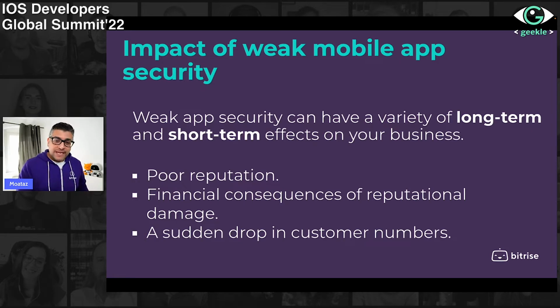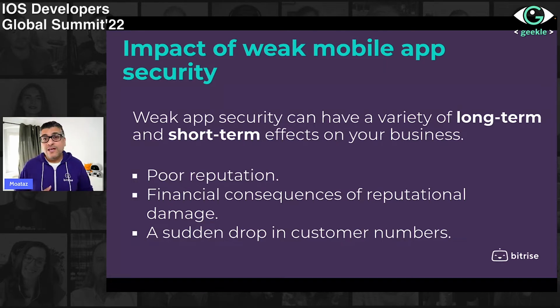What is the impact of weak mobile app security? We have 2 types of impact: long-term and short-term. For example, you have a poor reputation, so your customers are not satisfied with your application because they are not feeling safe about their personal data, bank account, and everything in your mobile application.